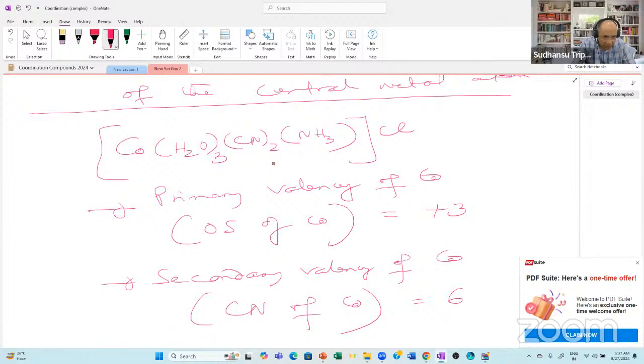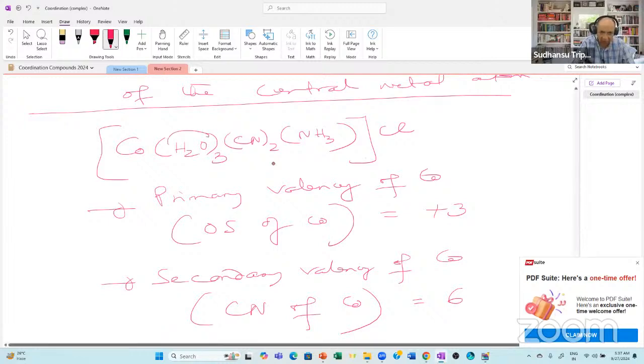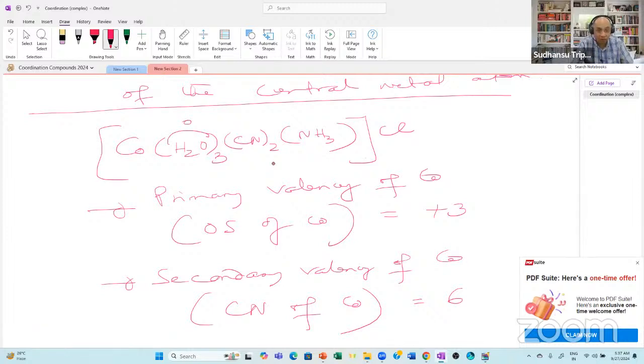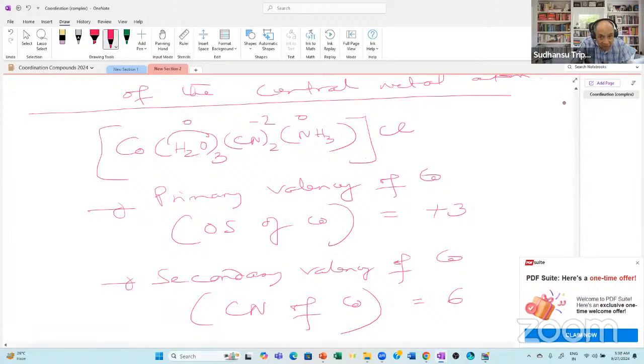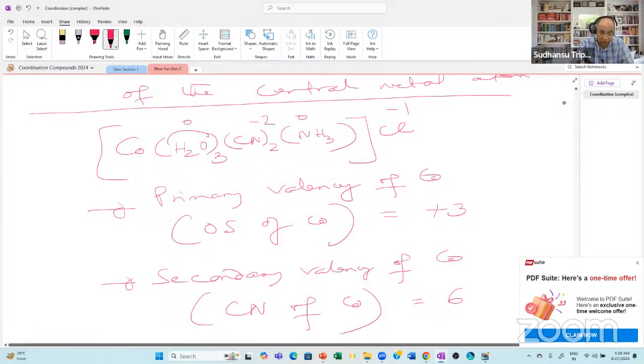Because water, as we shall call it aqua, is a neutral ligand, no charge. Cyanide is actually written as CN, but it's actually CN minus 1. So minus 1, there are 2, so minus 2. Ammonia is a neutral ligand, so charge 0. And chloride ion, which is outside the coordination sphere, is minus 1. So the sum of the negative charge is minus 3, and the cobalt has to be plus 3.